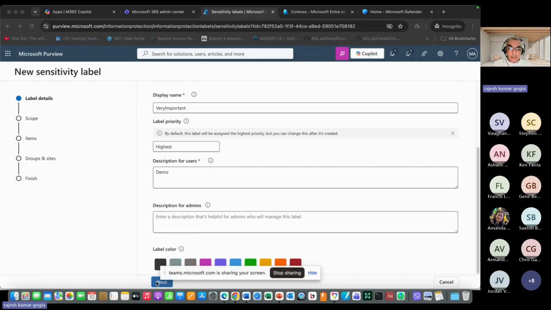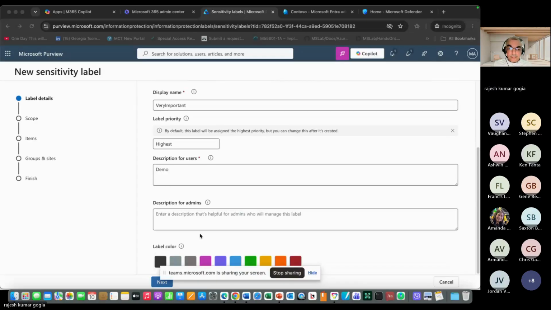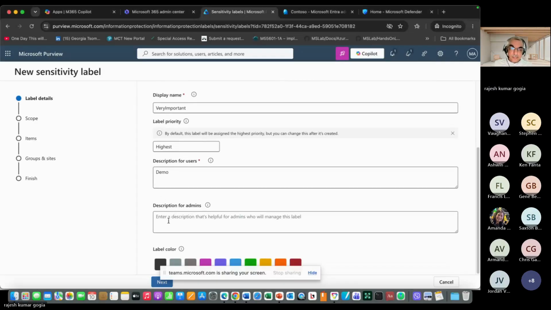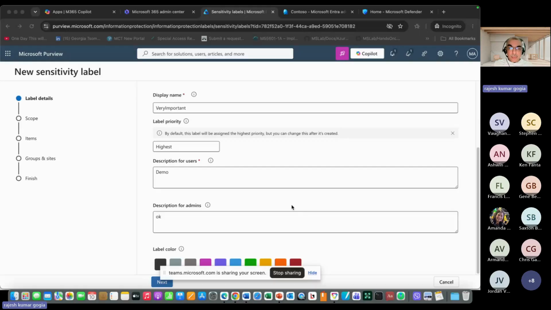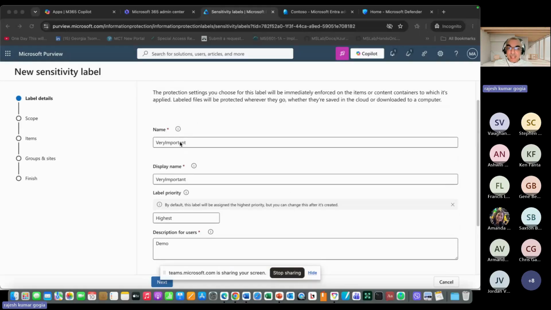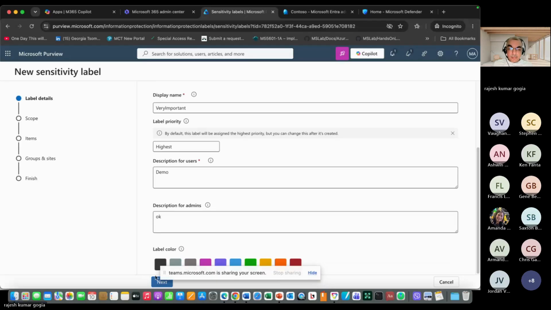Okay, yeah, this one. And you can name it as well if you want to. So you can give a name, you can specify, and then you can move on.